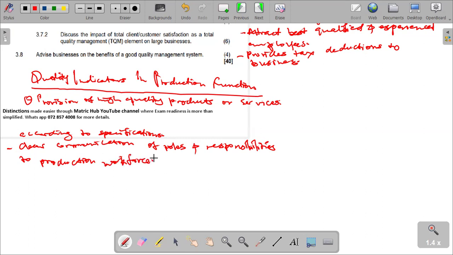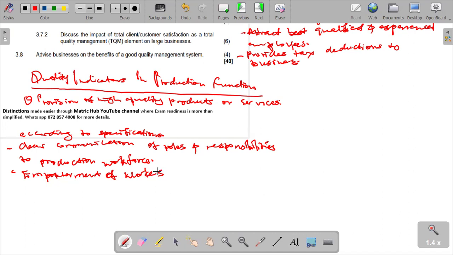We can as well talk about empowering workers so that they can take pride in their workmanship. Empowerment of workers is a quality indicator, so therefore they can take pride in whatever they are doing.